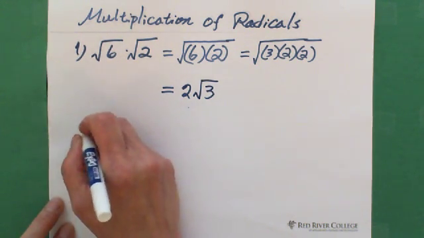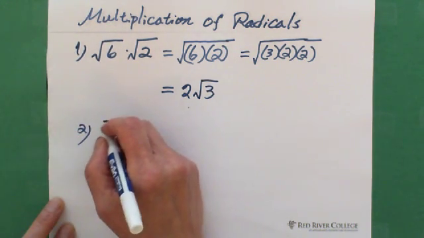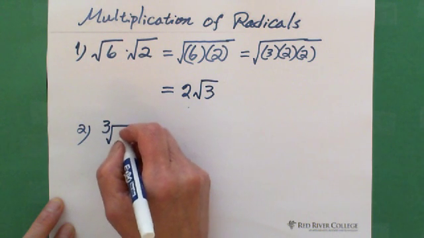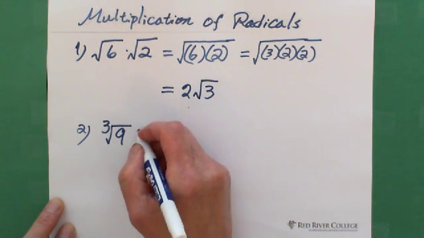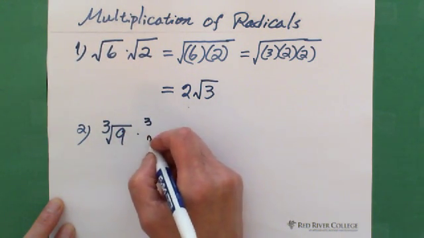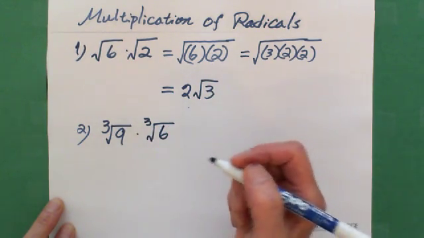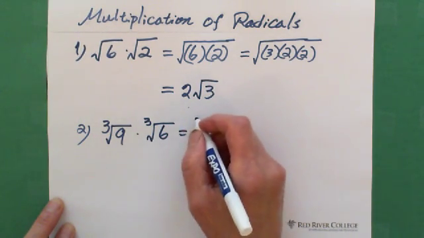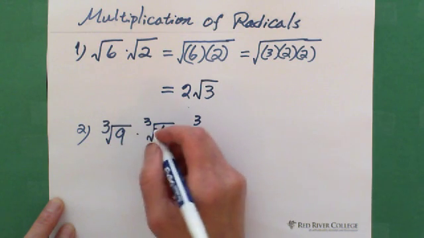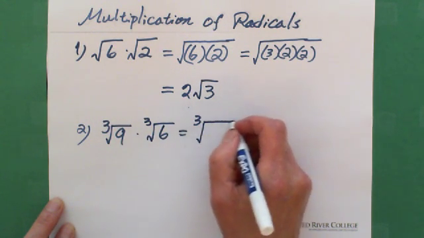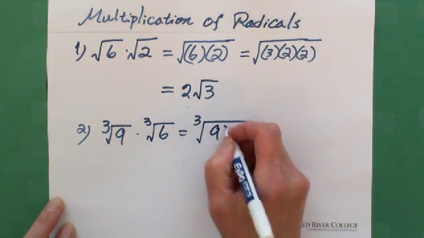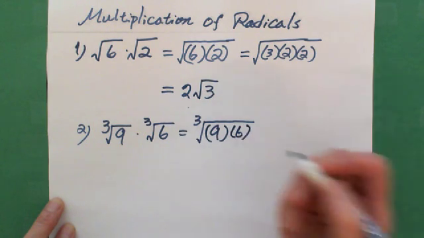Second question. If you have cube root 9 multiply cube root 6, the same thing, we write together. Because both are cube roots, we share one cube root and write the 9 with 6.